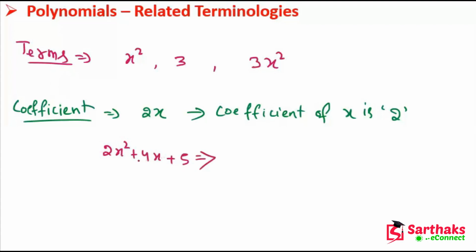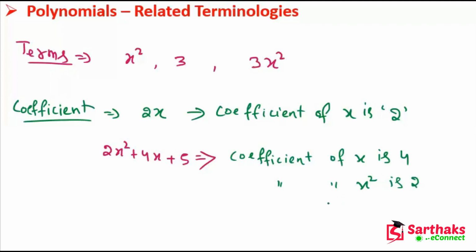Let's suppose here is 2x square plus 4x plus 5. This is a polynomial. Now in this case, if we want the coefficient of x, what is the coefficient of x? This is 4. Simple. Now the coefficient of x square is 2.